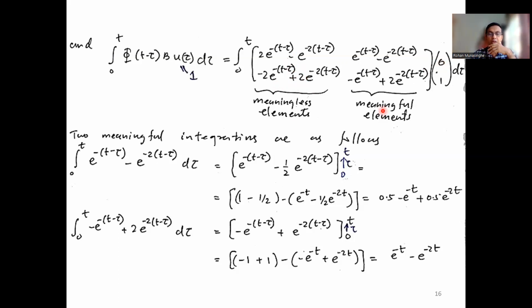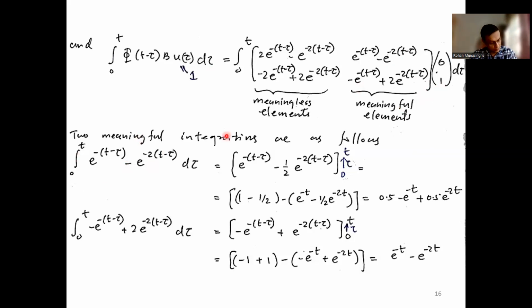So what you have is the second element here times the second element here as the first row, and this element times 1 is the second row. So you have that added together and integrate from 0 to t. So this is what you have.